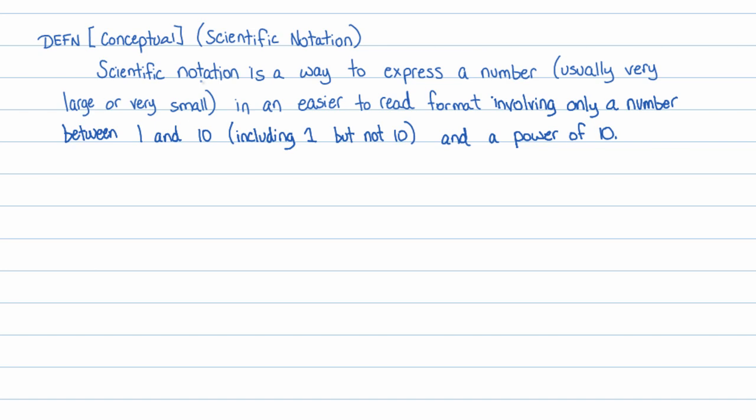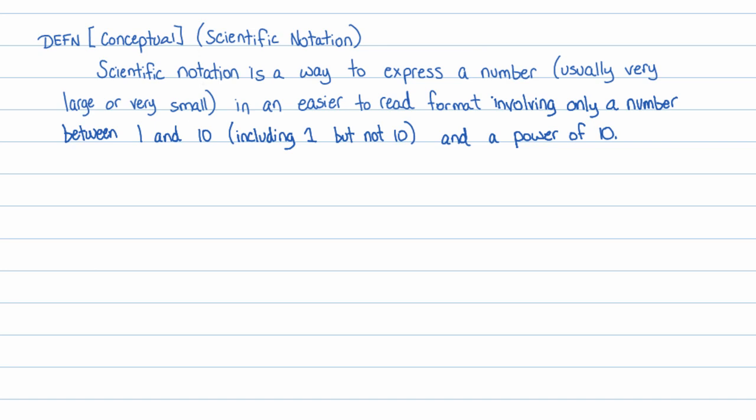It's a way to express a number, and usually this number is either huge or really small, in some easier to read format. And this easier to read format involves a number between 1 and 10, including 1 but not including 10, and a power of 10.